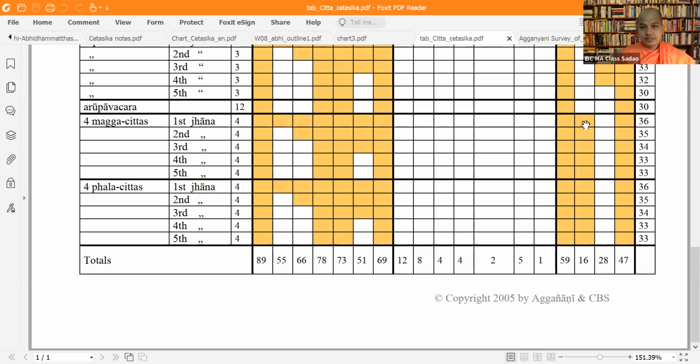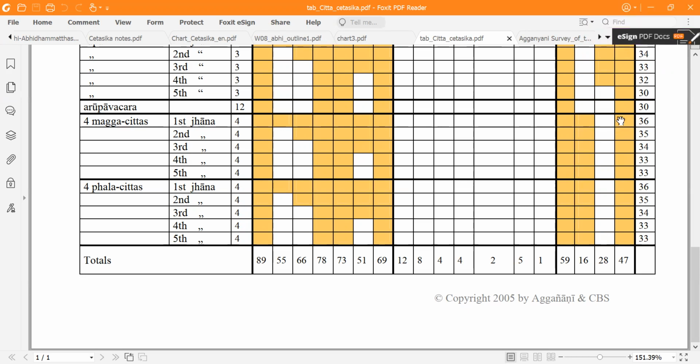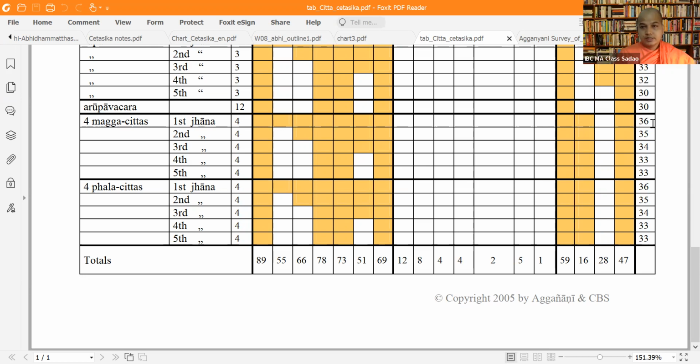So 19 plus 3, 22. And Panya, this is wisdom. So 23. Together you have 36 mental factors present in this particular type of chitta, the first Jhana Chitta.